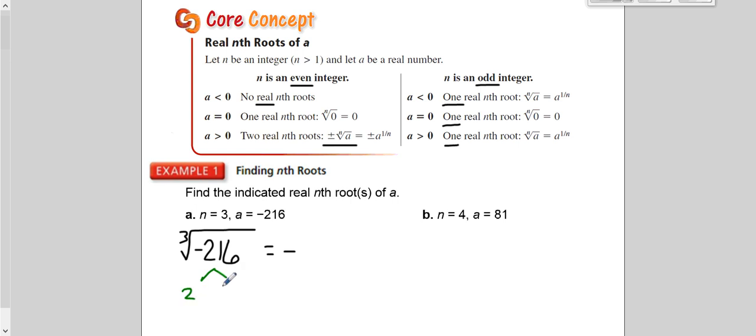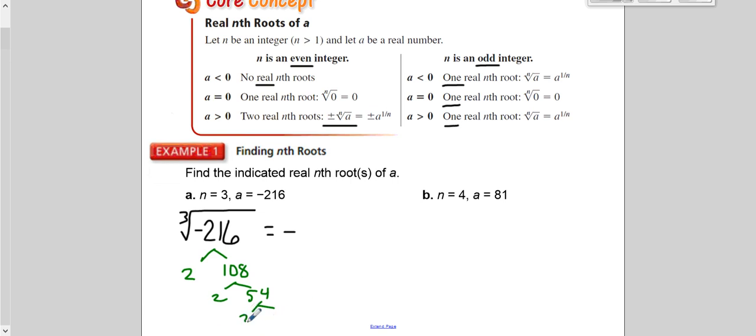Prime factor tree. If I divide by 2, I get 108. Divide that by 2. It's still even. I'm going to keep dividing by 2 until it's not even anymore.